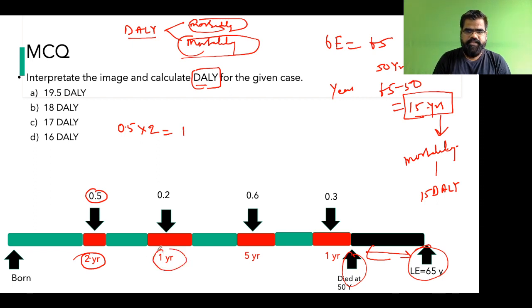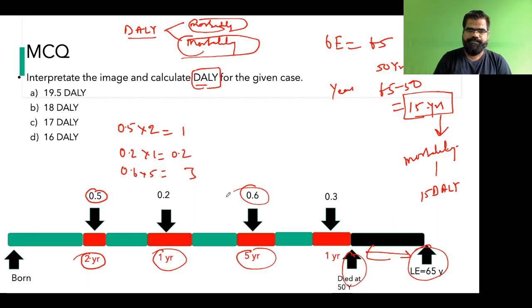Again he became sick for 1 year and the disability weight was 0.2, so it becomes 0.2. Again 0.6 into 5, so it becomes 3. Here again he was disabled for 5 years. This time the disability weight was 0.6, and the last one 0.3 into 1, so it is 0.3.